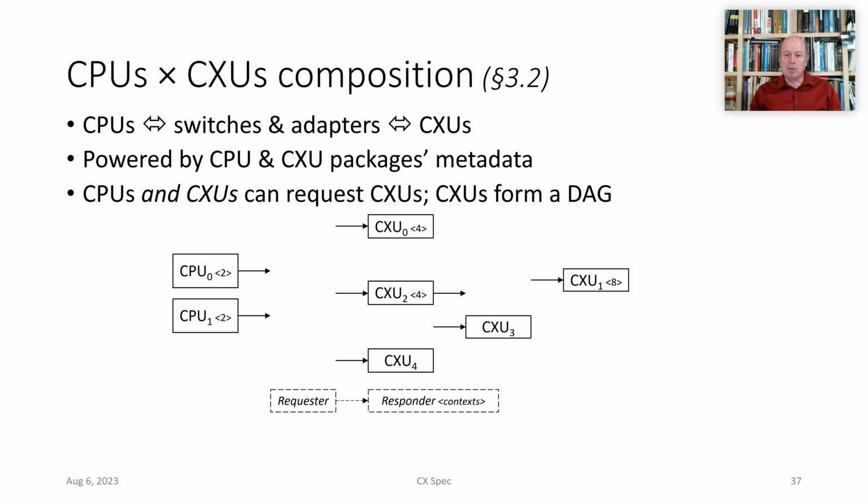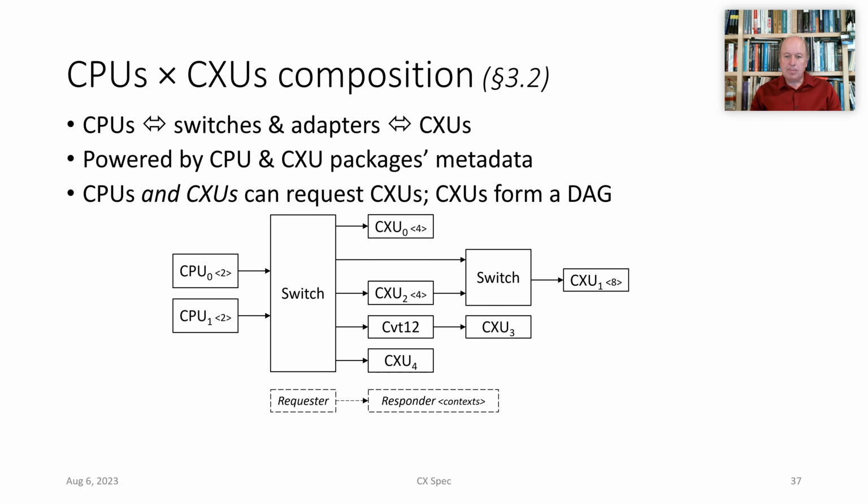Therefore, the first step of composition is to insert an adapter core to raise CXU3 from level 1 to level 2. Now all that remains is to insert switch CXUs. The first routes requests from the CPUs to all of the CXUs, while the second routes requests from the CPUs or CXU2 into CXU1.